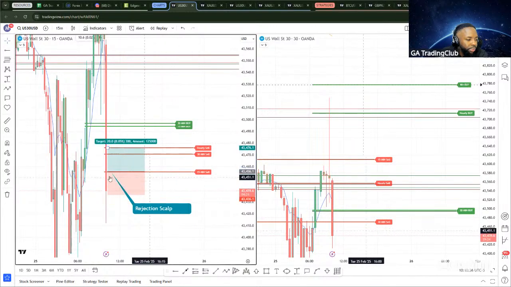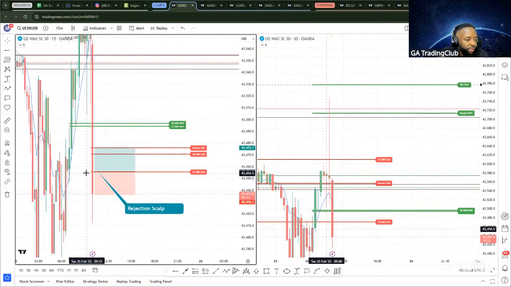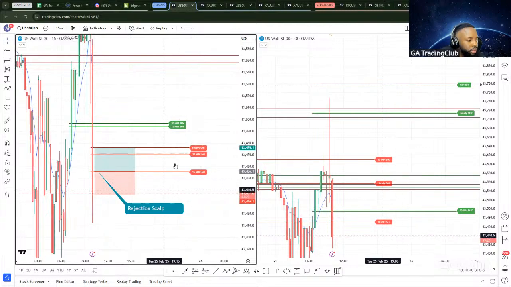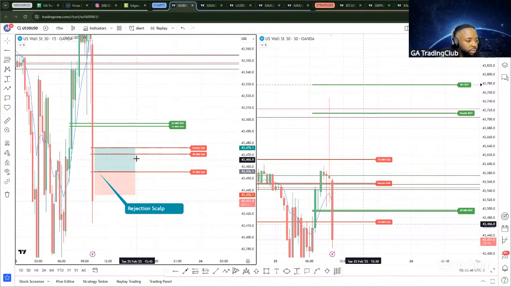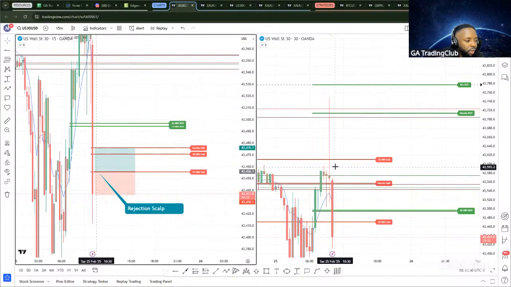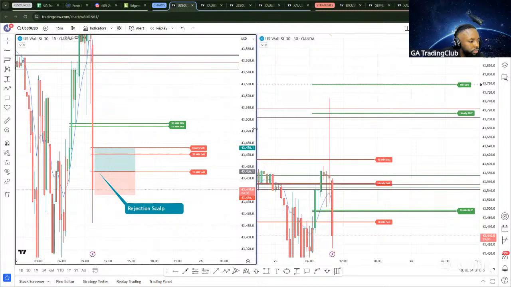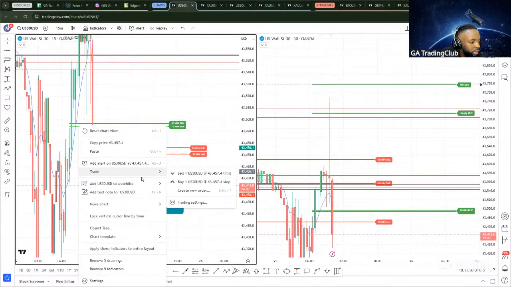We need a nice push above this rejection area. Just wait.